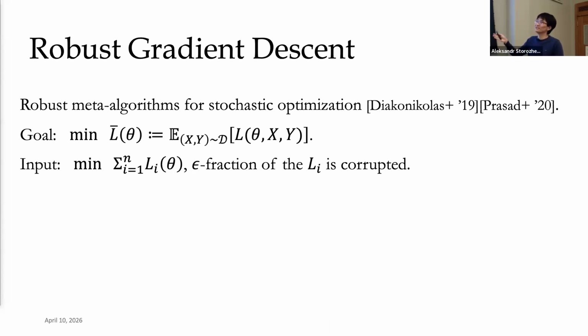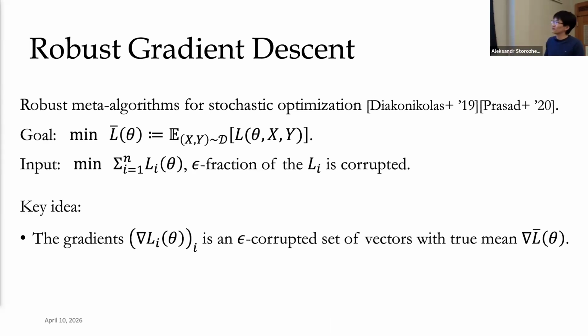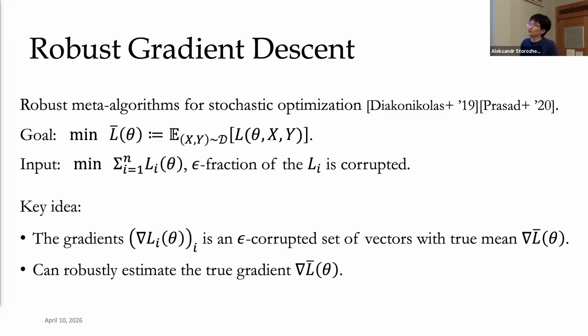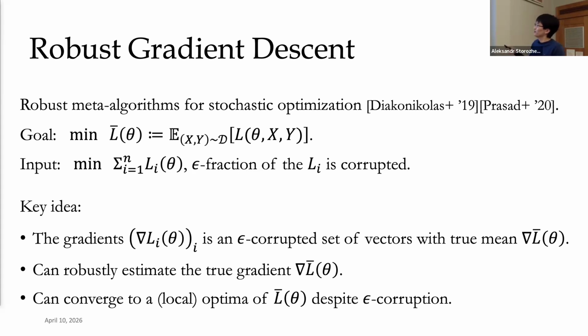At least conceptually, this can be lifted to any machine learning problem where your loss is no longer least squares loss for linear regression, but some arbitrary loss function. What I said is still true: the actual gradients from the samples are an epsilon-corrupted set of vectors drawn from some distribution. And if I can estimate the true mean of that distribution, I can run gradient descent.